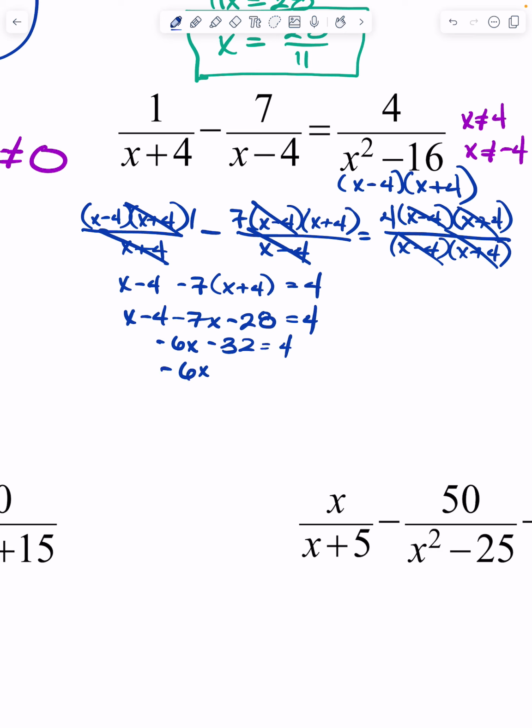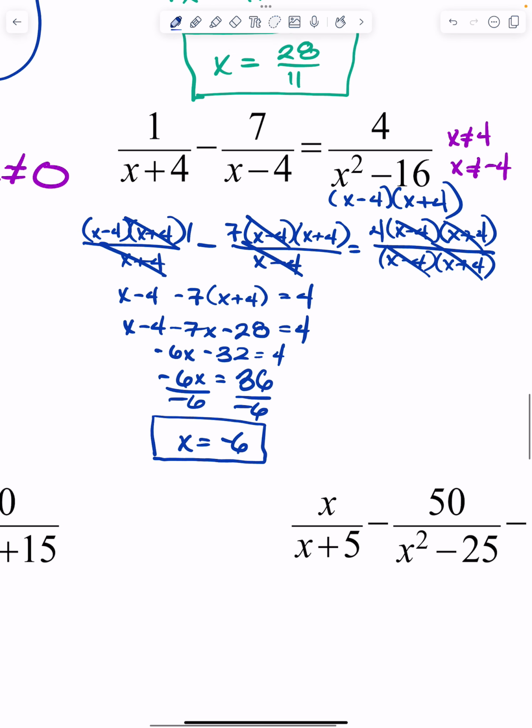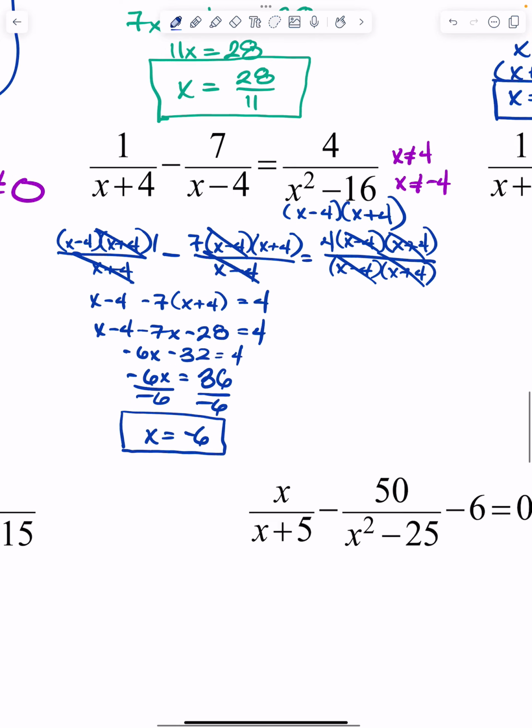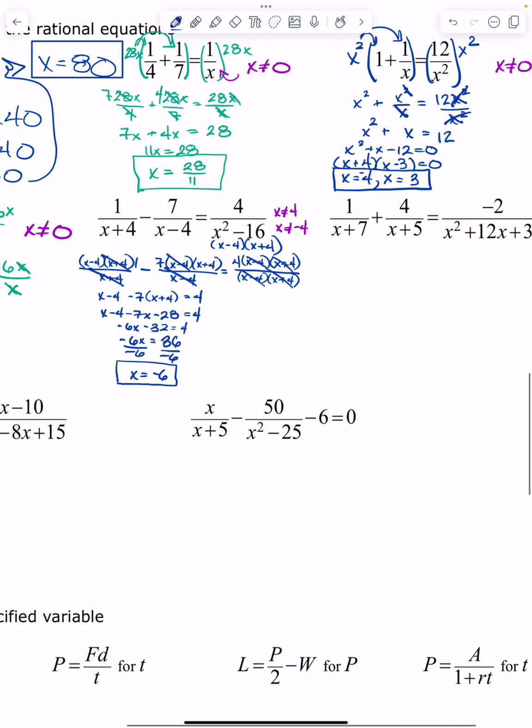I get minus 6x equals 36. And I get x equals negative 6. Not one of my no-nos, so we're good.